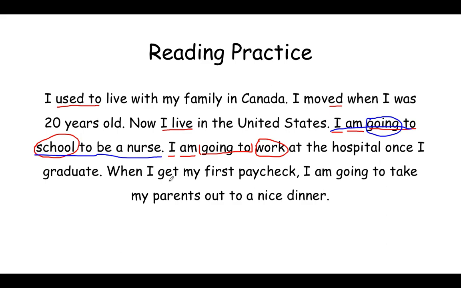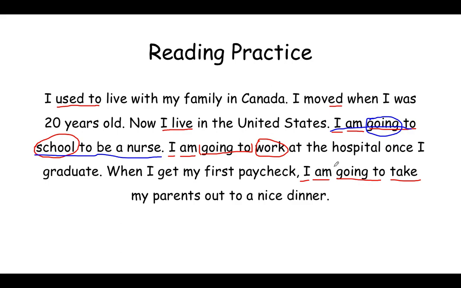When I get my first paycheck, I am going to take, it's a verb in the simple present tense, my parents out to a nice dinner. So you'll see that this sentence with the blue isn't future tense, even though it's made very similar or the same way as these two sentences right here.